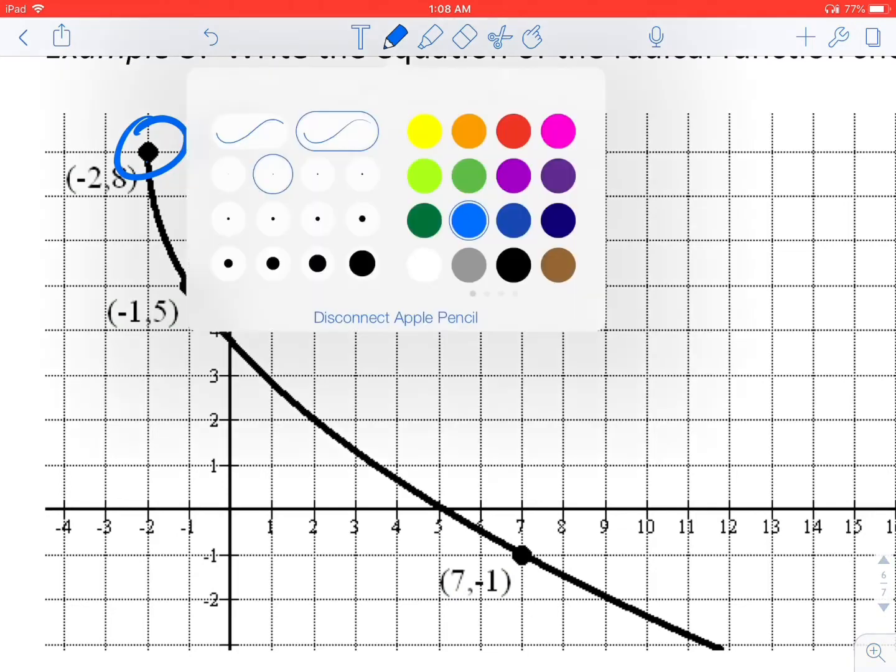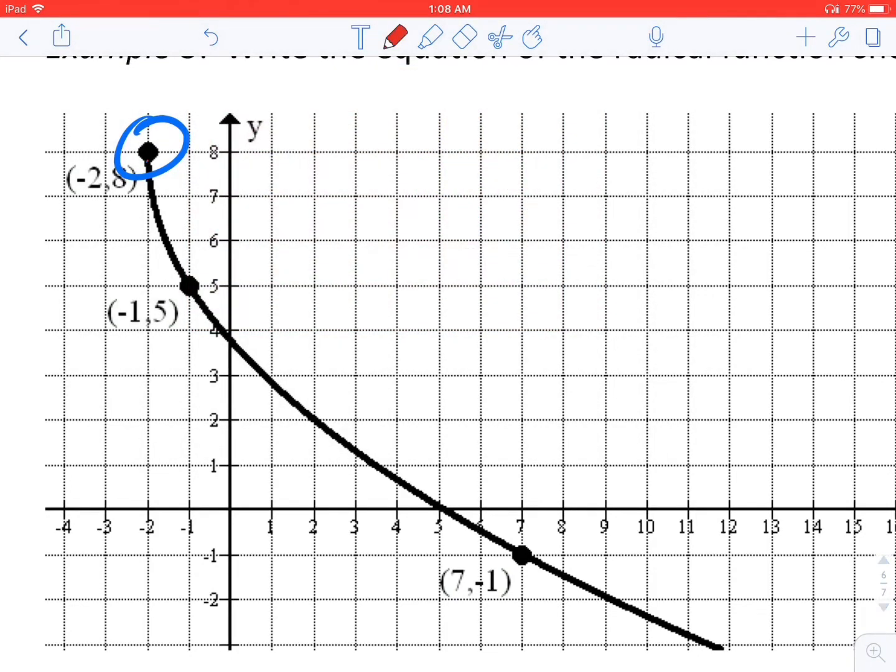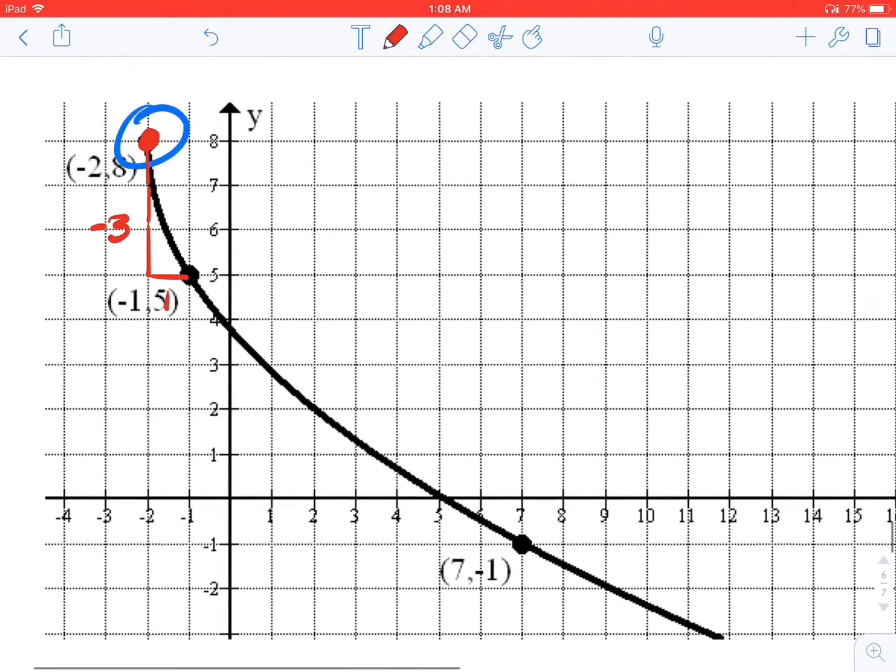So in this case, it happens to be the case that from the endpoint, in order to get to the next whole number point on the graph, I have to go down 1, 2, 3 units to go right 1 unit. Down 3 to go right 1 unit.